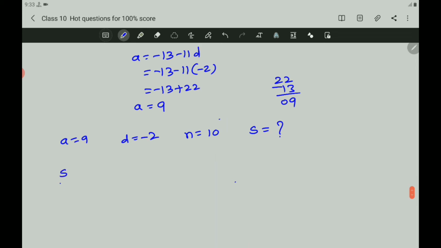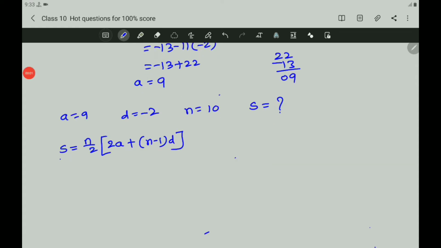Then you write the formula for S. S equals n by 2 into 2a plus n minus 1 into d. Then S equals, n is 10, 10 by 2 into 2a, 2 into 9, plus n minus 1, 10 minus 1, into d, d is minus 2.